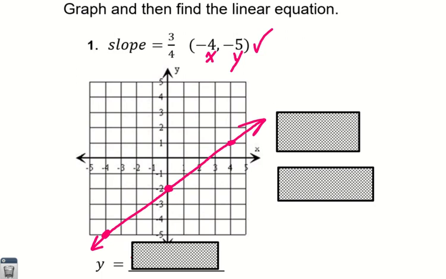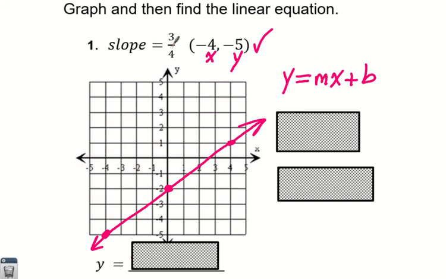All right. Now I'm supposed to come up with the linear equation. Here is my format. This is what I'm going to use to get myself an equation. I just need m.